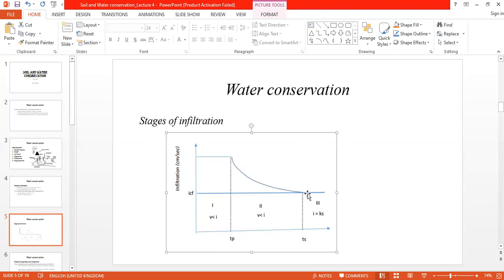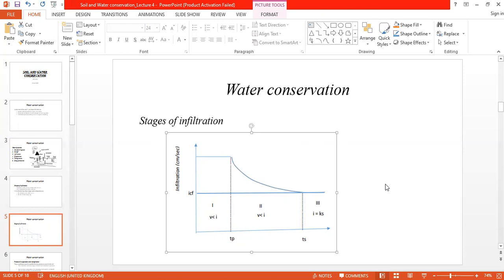Then stage 3 will be from the time it became constant onwards. When it becomes constant, it means that the pores are saturated, and now water fails to enter the soil. It will start to accumulate on the surface of the soil, and if there's a slope, it will start to run off.